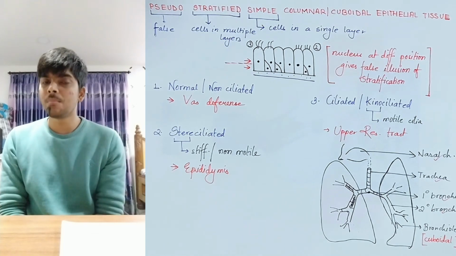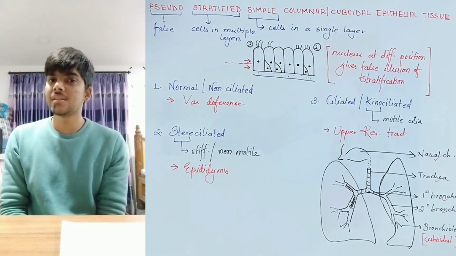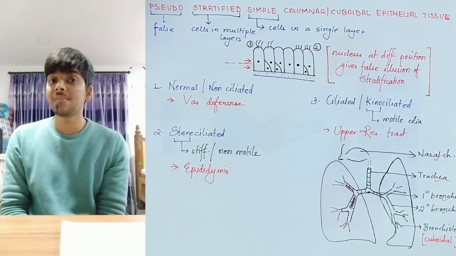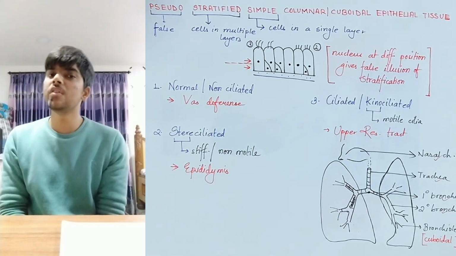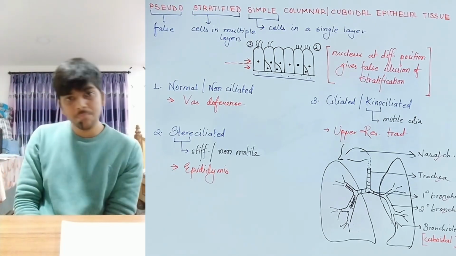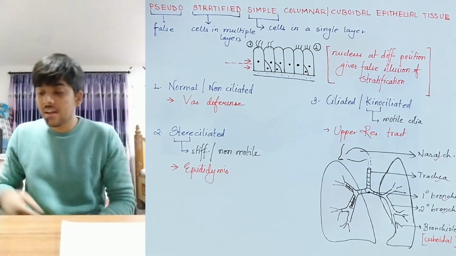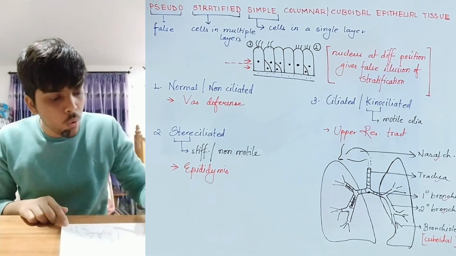It is of three types. You have normal or non-ciliated, where the cells on their free surface don't have any cilia. It is found in the vas deferens of the male reproductive system. Next is stereociliated. Oh, I forgot the O here.